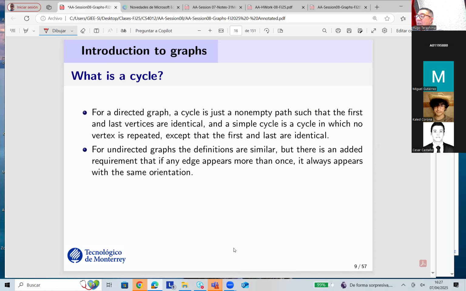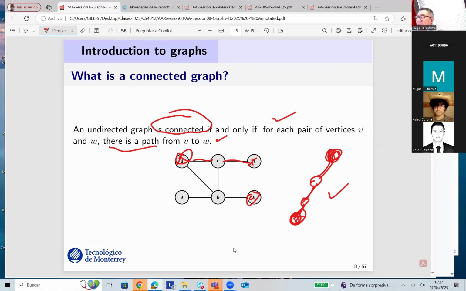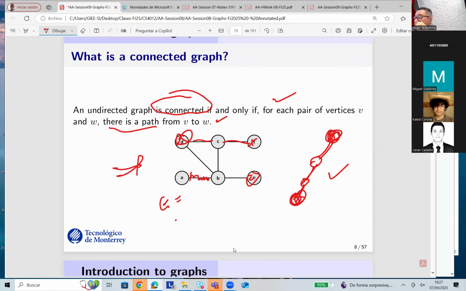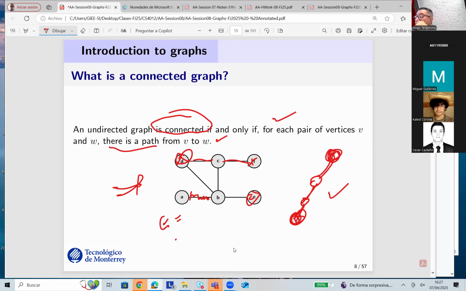Right. So what is a cycle in a graph? Let me just go back very quickly. For example, if I have this graph, and I assume that there's no connection between A and B, the graph still contains 6 nodes, but the graph is not connected.